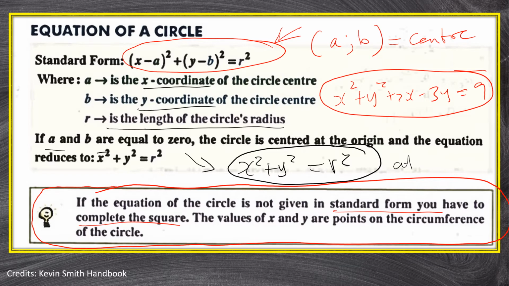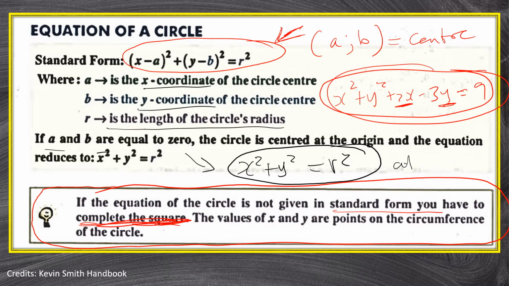What you do is you complete the square, for the values of x and also for the values of y. After completing the square, you can take it back to that standard form, and you can find your center again.